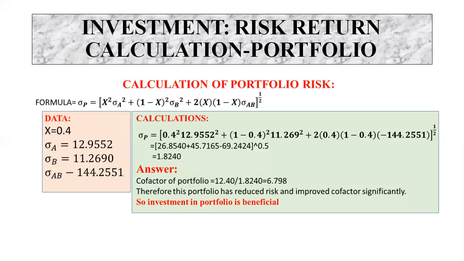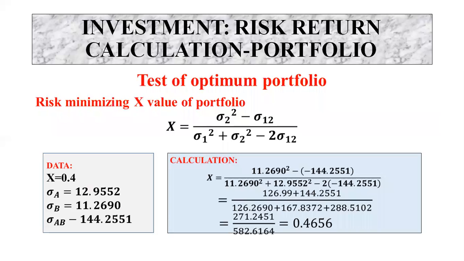So there is a lot of improvement if we go for a portfolio with 40-60 combination. So if the investor wants to know whether he will go for an individual security or for a portfolio of 40-60 combination, the answer will obviously be the 40-60 combination. But now the question is: will this 40-60 combination give the best portfolio? The answer is, it may or may not.